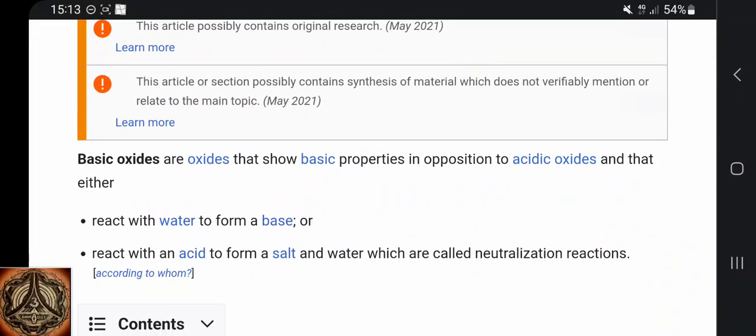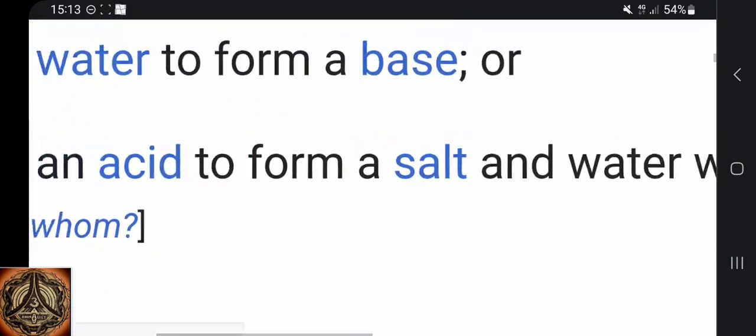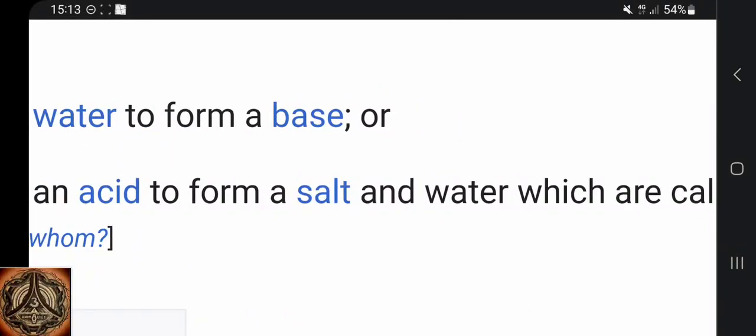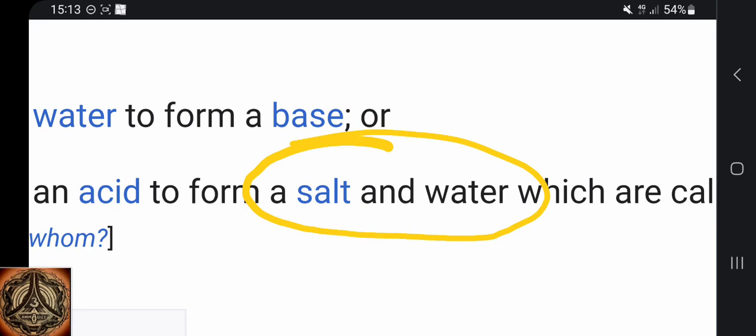Basic oxides are oxides that show basic properties in opposition to acidic oxides and that either react with water to form a base or react with an acid to form a salt and water, which are called neutralization reactions. Salt and water.